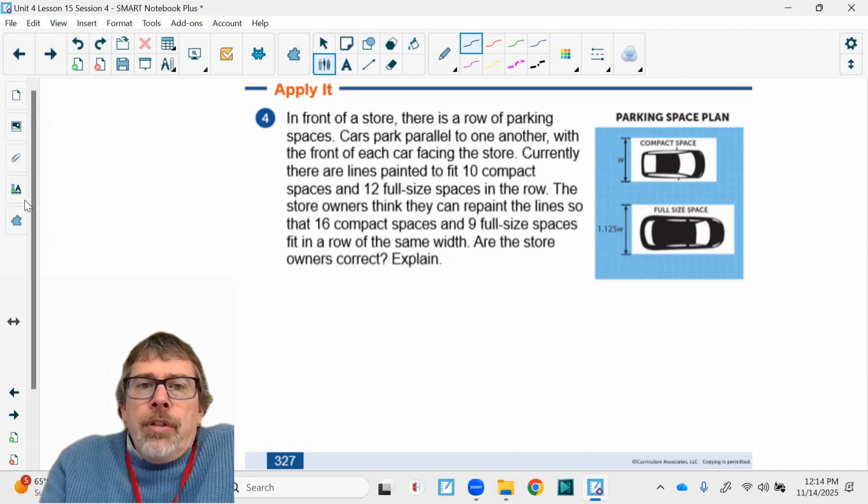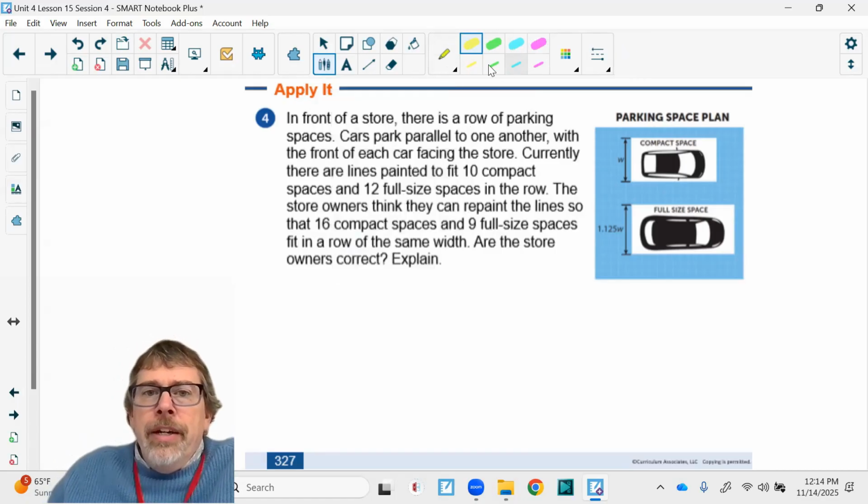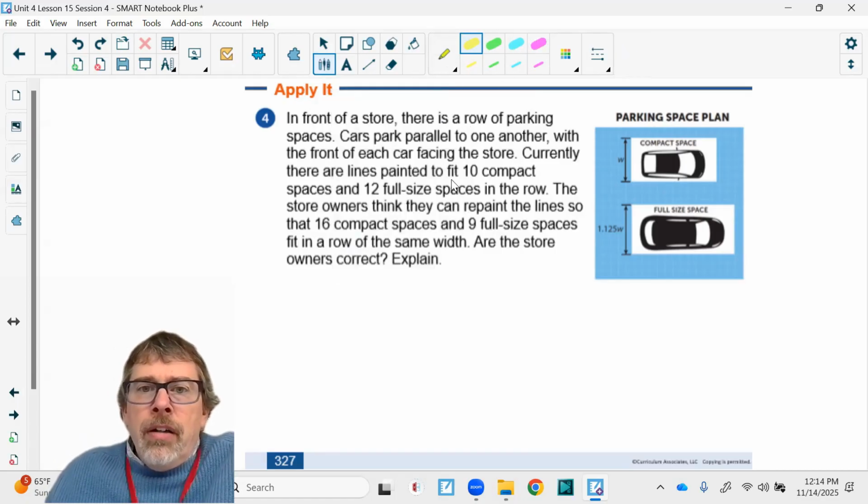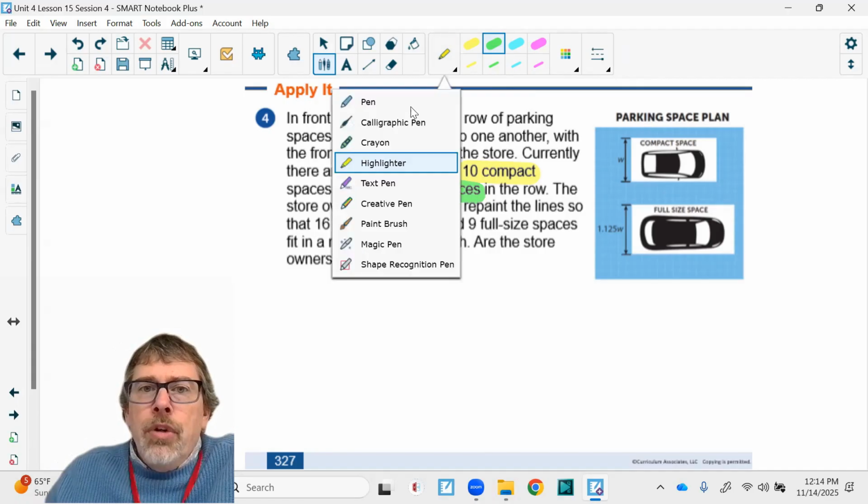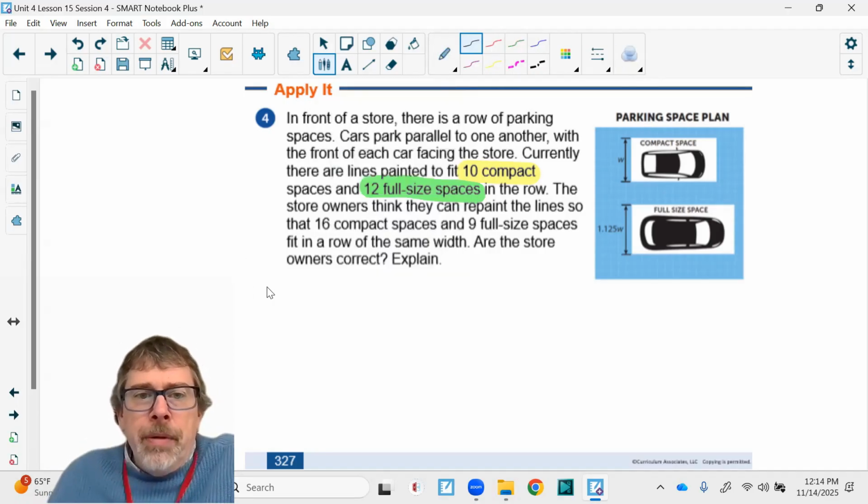The store owners think they can repaint the lines so that 16 compact spaces and 9 full spaces fit in a row of the same width. Are the store owners correct? Okay, so here's what they're saying here. Currently, there are lines painted to fit 10 compact and 12 full-size spaces. So I'm going to put 10C plus 12F.